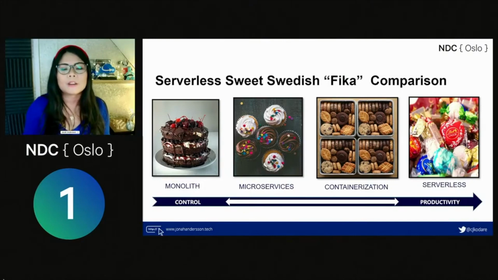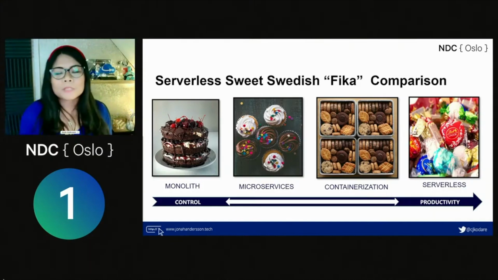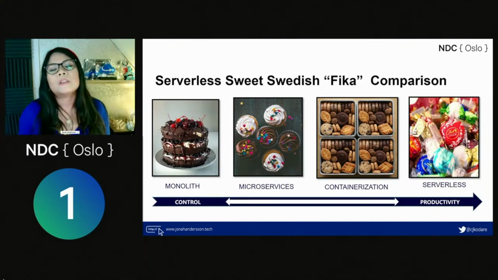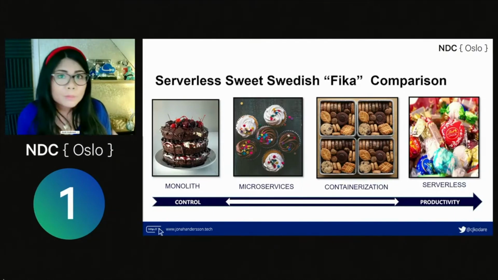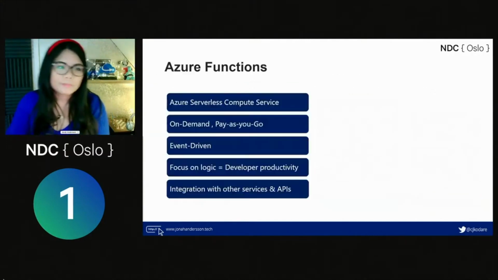But the more we go from left to right, the better productivity we have. We deliver faster to our clients. So this is a scenario in which it depends on what kind of problems we are trying to solve.